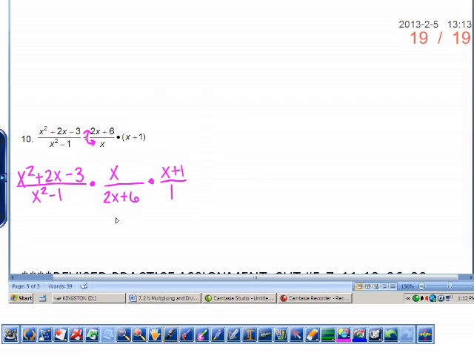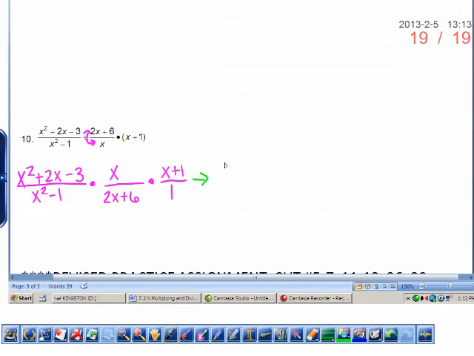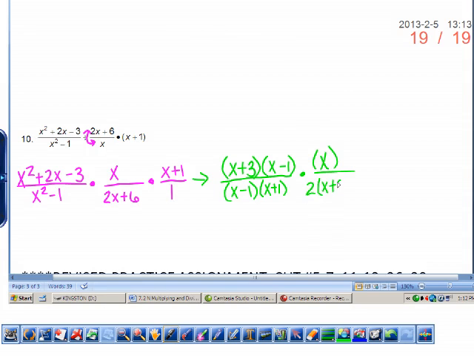All right. So how does x squared plus 2x minus 3 factor? Good. What about x squared minus 1? x stays by itself. What about 2 times x plus 6? 2 parentheses x plus 3. And x plus 1, you can envision it over 1.